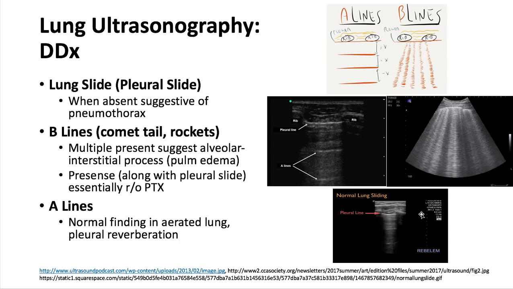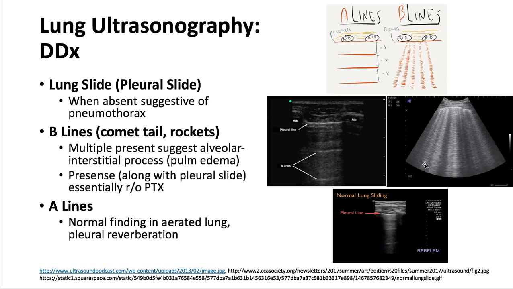B lines, represented by the far right picture, are representations of an alveolar interstitial process, often like pulmonary edema. And when you have multiple of these B lines radiating across the ultrasound field, that's suggestive of fluid in the interstitium of the alveolus.